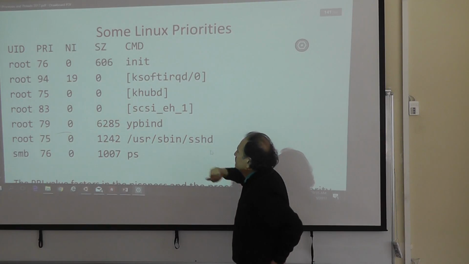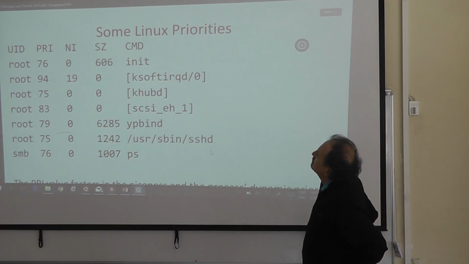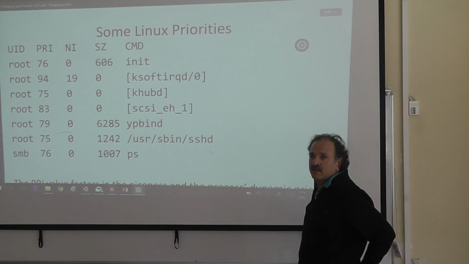It's this one. So the system related things are higher priority, and other things are lower priority. There are different levels of priority levels. I can lower my priority as a user, but I cannot make it higher. Why? As a user, I cannot do it otherwise.